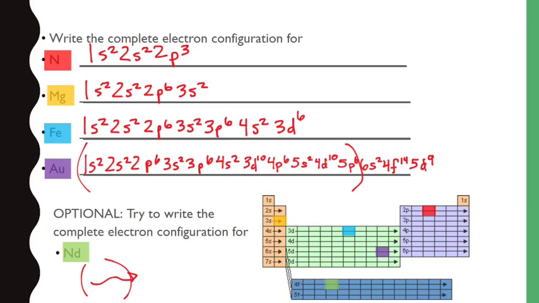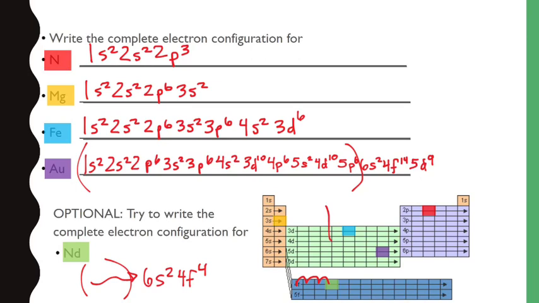So if we wanted to stop in the F's, we'd have to go 6S2, but then we just go 4F, 1, 2, 3, 4, and then we're there. It's actually shorter than gold because we didn't have to go through all of the F's and then the D's. So don't let the F's freak you out. They are a little weird and different, but they're not that freaky.